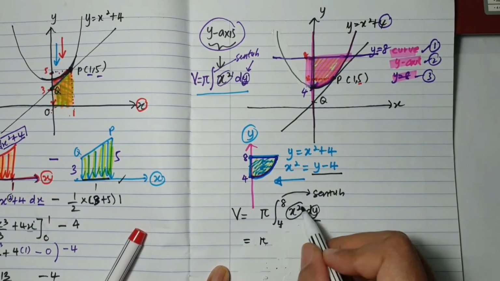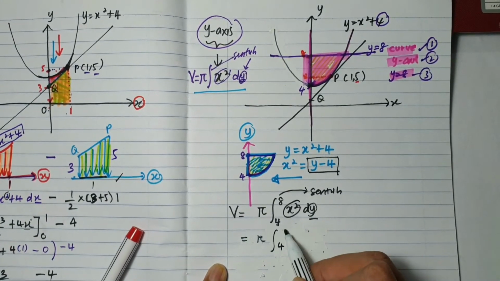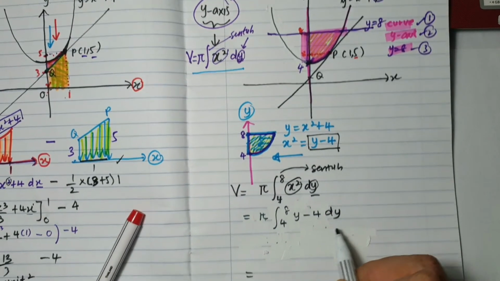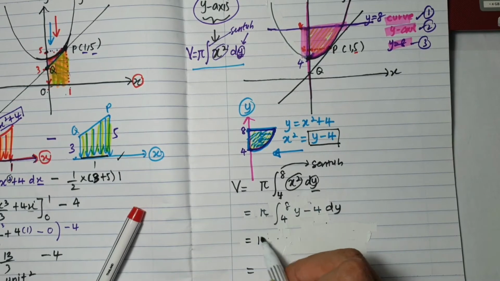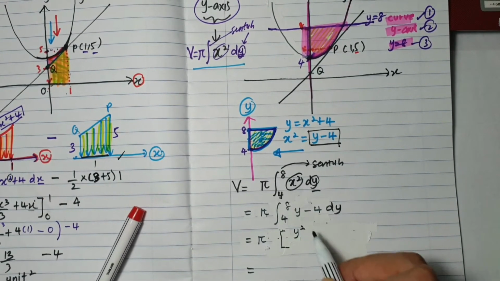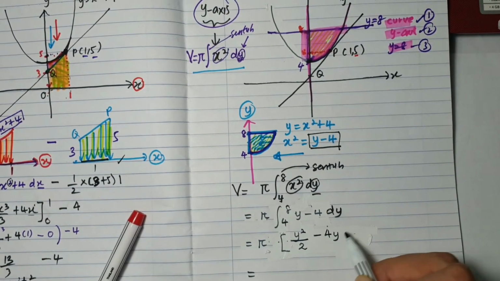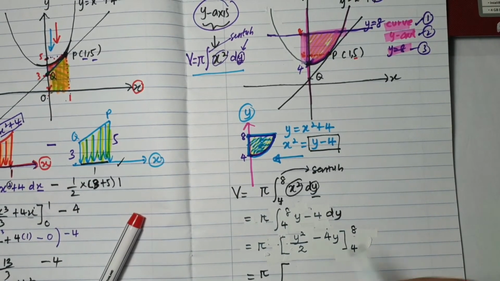Your x squared function is y minus 4 dy. Pi, integrate this, it becomes y squared over 2, 1 plus 1 is 2 divided by the new index, minus 4y, from 4 to 8.